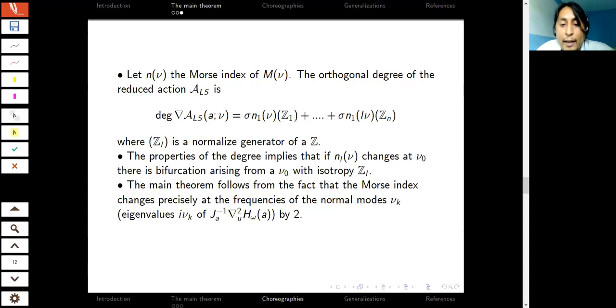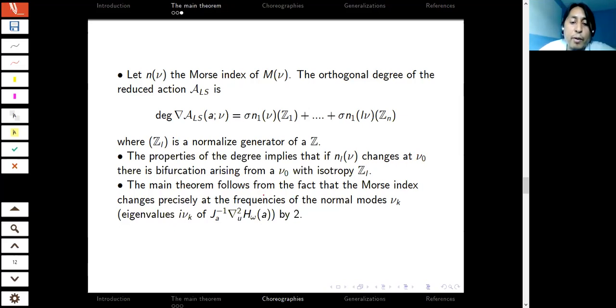for the trivial group, and so on for groups where I have the action of time with isotropy group C_n, right? So the properties of the degree imply that if the Morse index changes at a point nu_0, then there is going to be a bifurcation arising from that nu_0 with that isotropy, right?